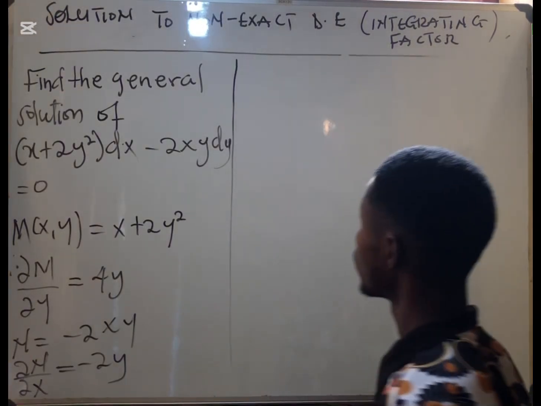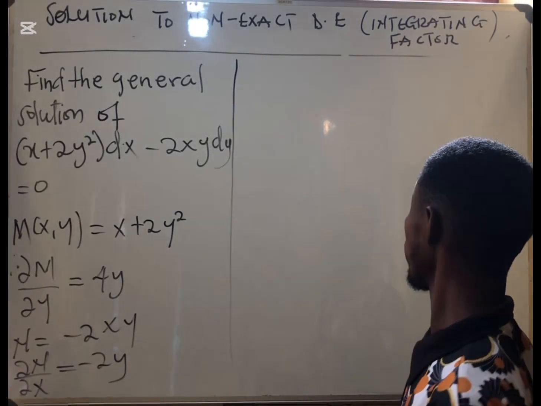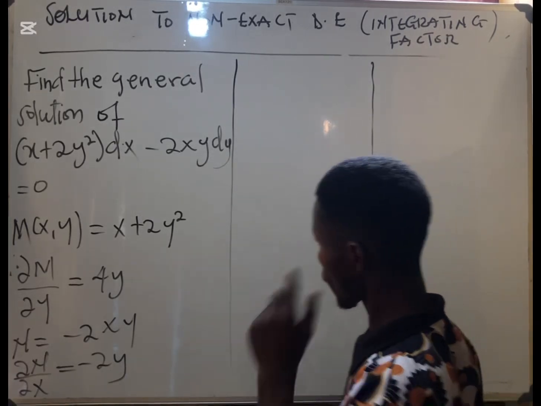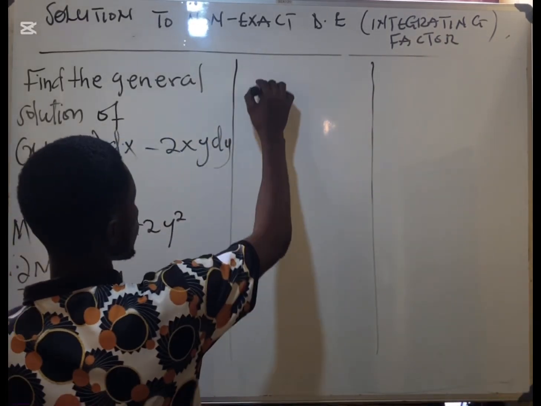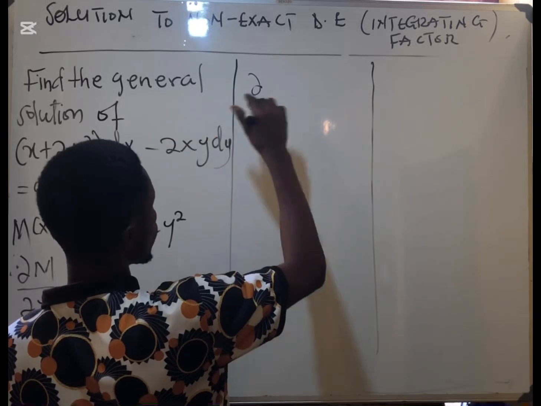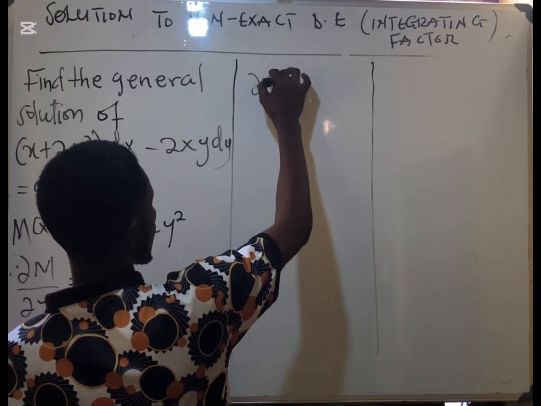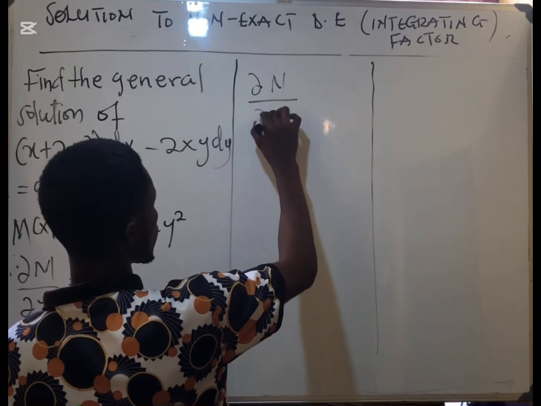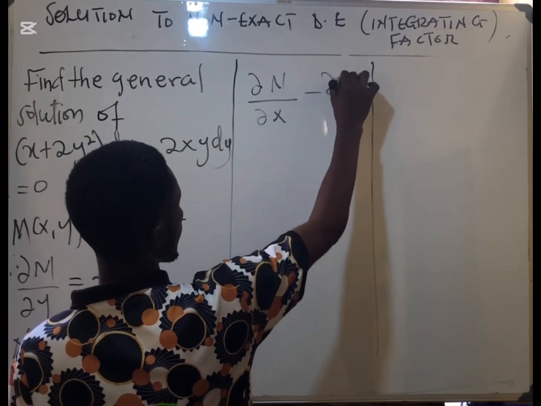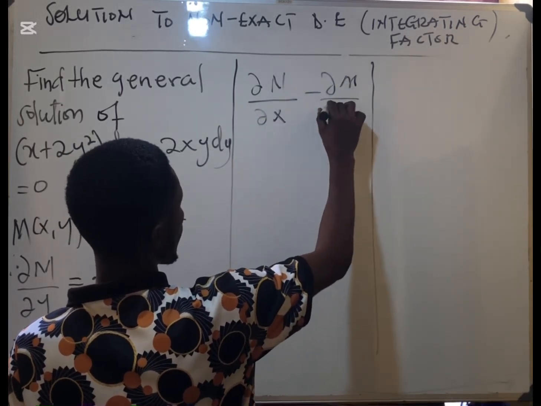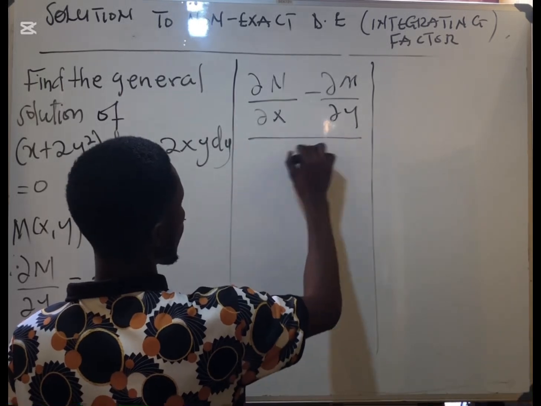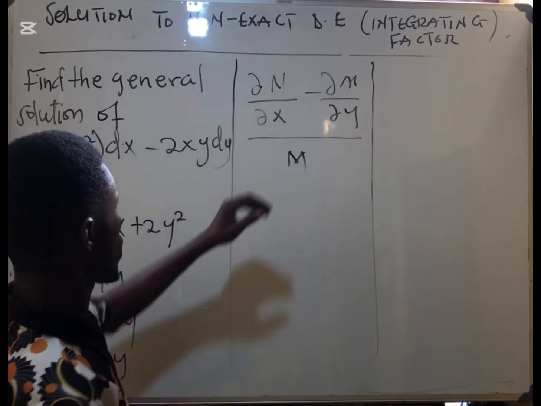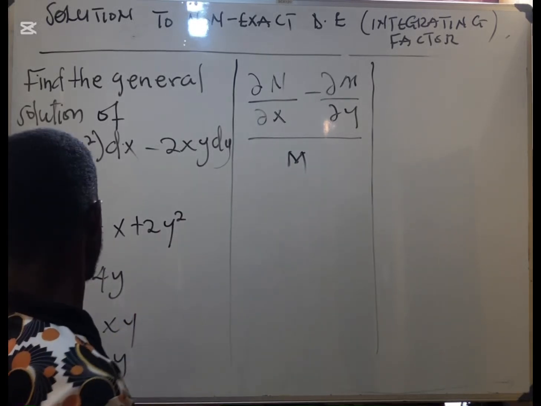Good. So in looking for the integrating factor, as I said, first thing, we check whether it depends on y only or x only. So this one is checking whether it's on y only.